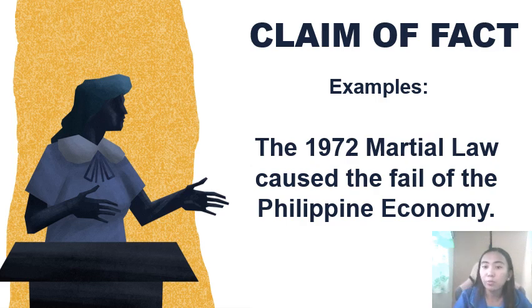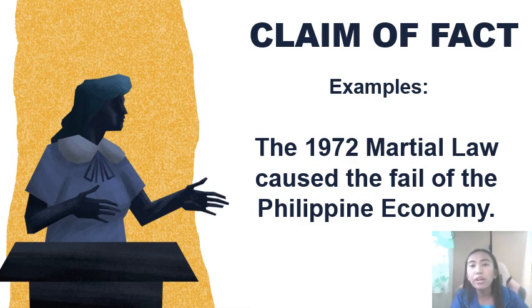So nagkaroon po talaga ng martial law in 1972, tama po ba? Okay po, so that is a fact. Still, naging claim of fact po itong example na ito because there are surely other factors or reasons why the Philippine economy fluctuated or bumagsak.